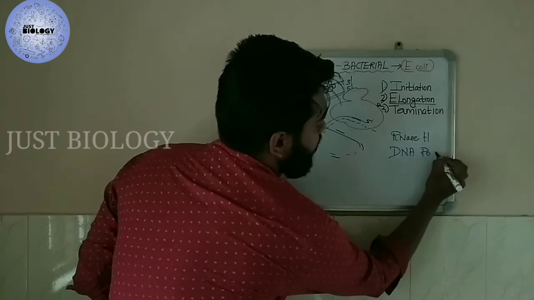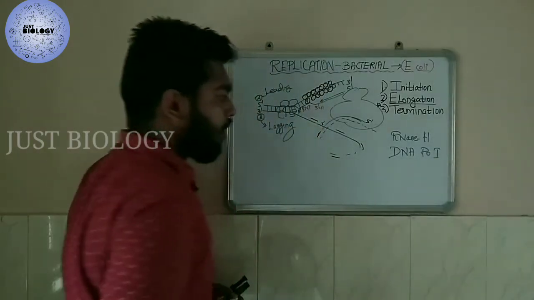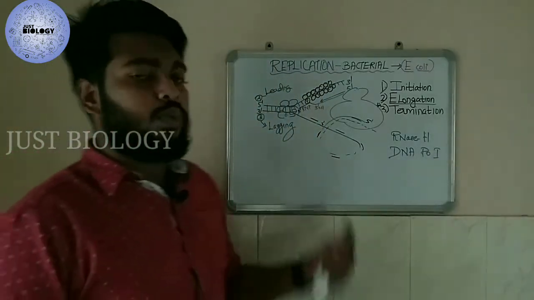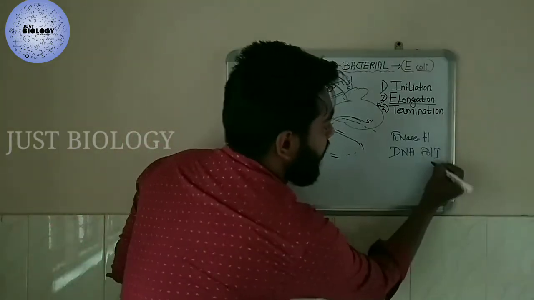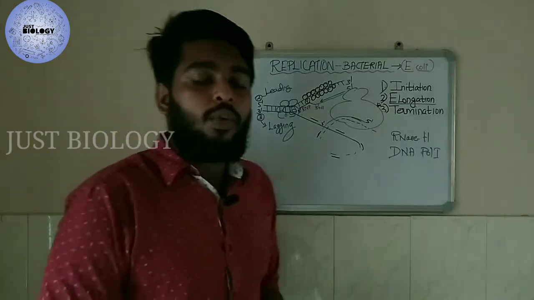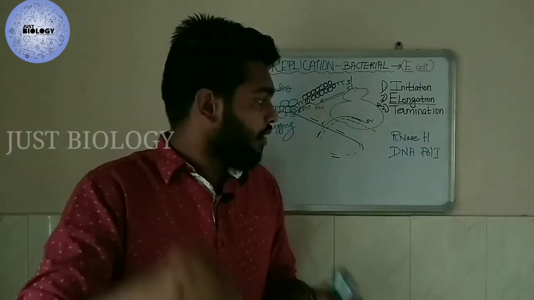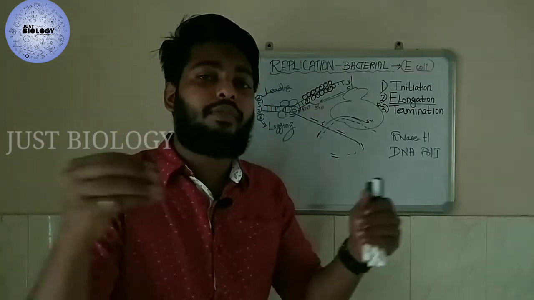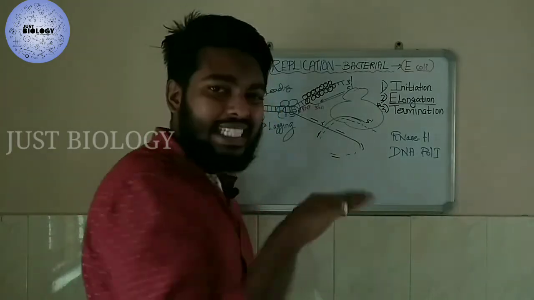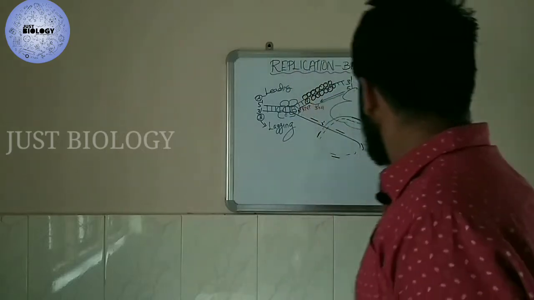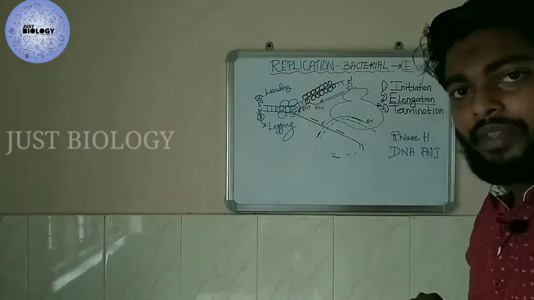This is DNA polymerase 1. What does it do? DNA polymerase 1 will fill the gaps. Wherever they find gaps, they will fill them with the appropriate nucleotide, and the gap will be filled by DNA polymerase.